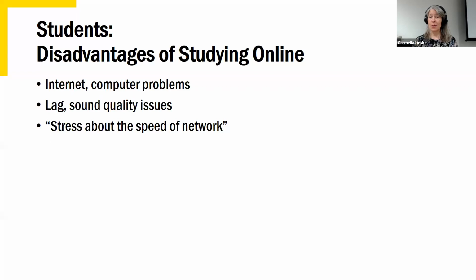They're not paying attention and it's very obvious. But when we're on Zoom, it's not quite as obvious. So giving them the benefit of the doubt and saying, maybe it's a computer problem, rather than thinking, oh, that student's not paying attention again, because it really could be a computer problem. And giving them the benefit of the doubt is something that I think is really important when we're shifting to online.